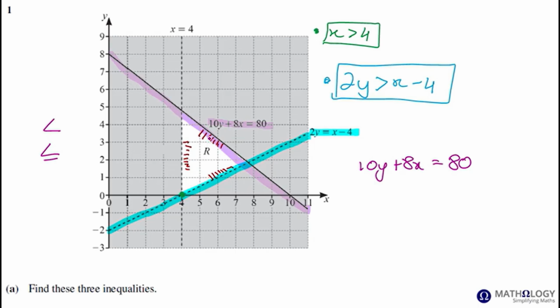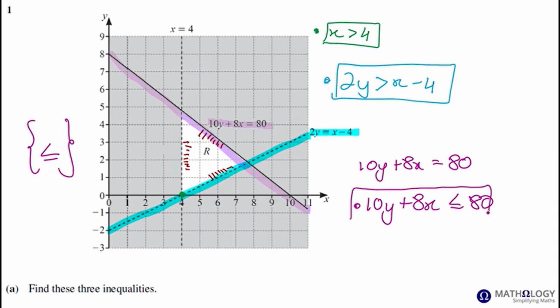So the inequality sign will be less than or equal to. But to know which one we're going to use, we can't use both. We just look at the nature of that line. It is a solid line. That means that our inequality is less than or equal to. So 10y plus 8x is less than or equal to 80. And that is our third inequality.